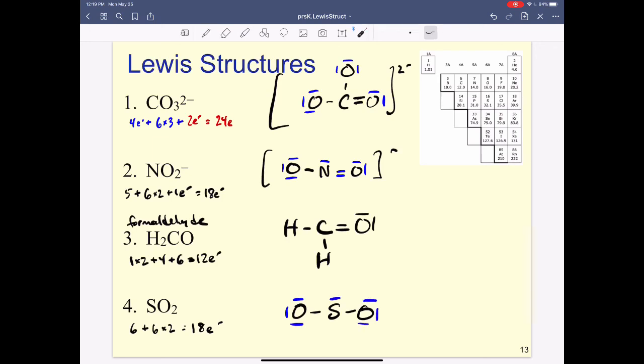You can see the sulfur in the middle coming up short. And so the way to solve that problem will be with a double bond, producing each atom, the oxygen on the end, the sulfur in the middle, the oxygen on this end, all having octets. Of course, it doesn't matter on which side of the molecule you produce a double bond.